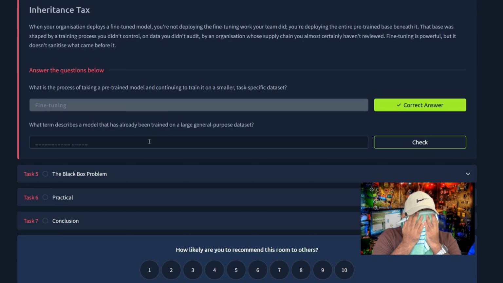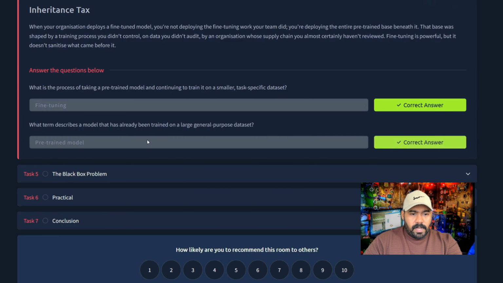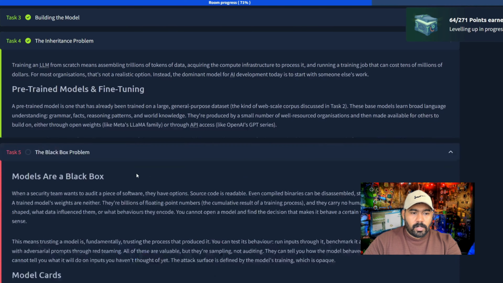What term describes a model that has already been trained on a large general-purpose dataset? That is a pre-trained model. That's correct.